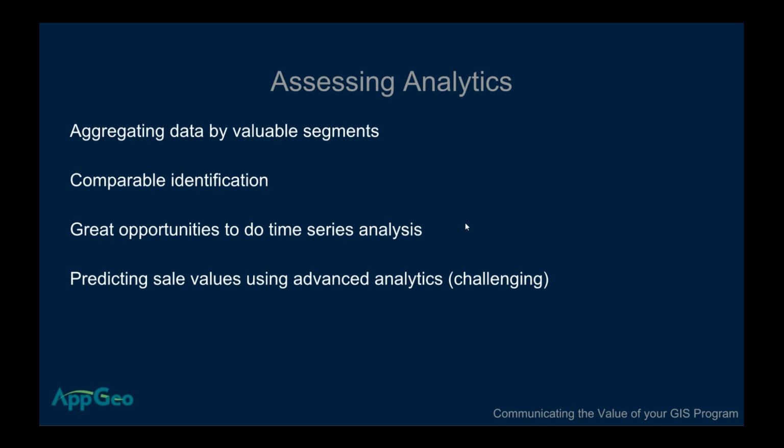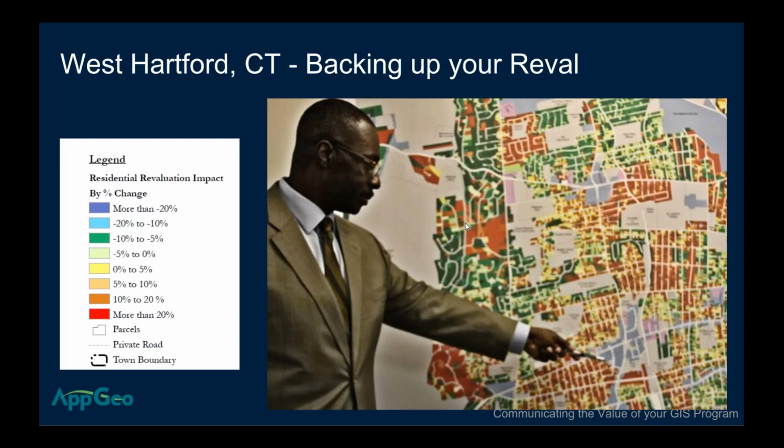come in the door. But to give a specific example, in West Hartford, Connecticut, they had a challenge. Everyone in assessing has that challenge when you do a revaluation. Local community members oftentimes question, why am I being taxed so much? What's going on here? And this individual, the assessor in West Hartford, took a very open approach.